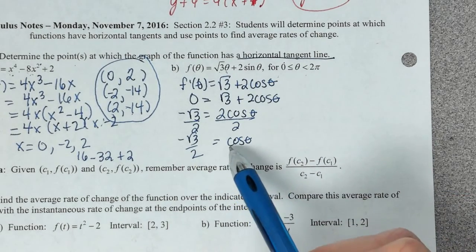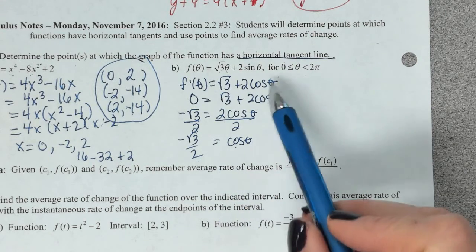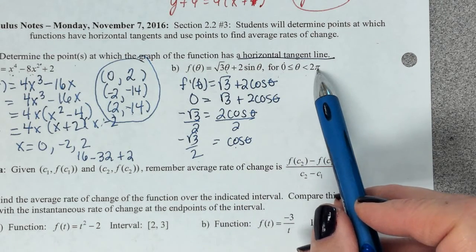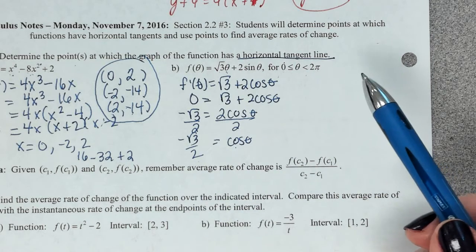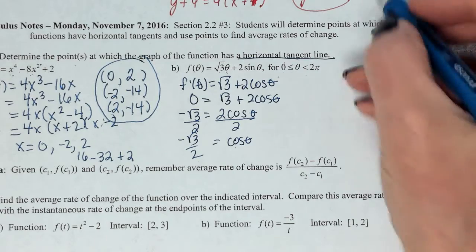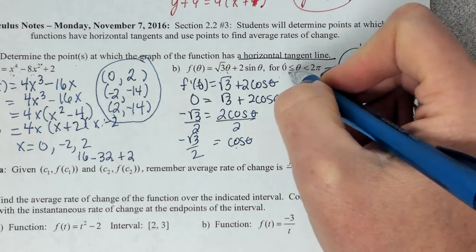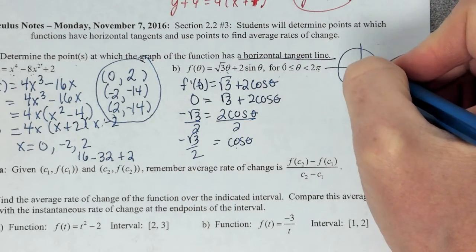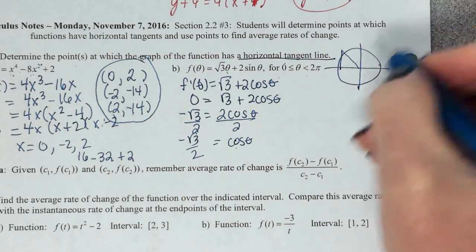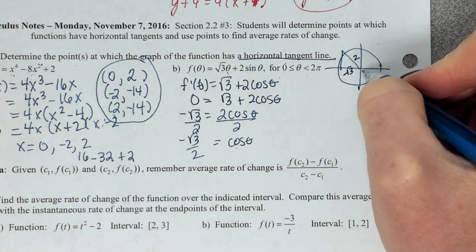Okay, so we have to know where is cosine equal to negative radical 3 over 2, in between 0 and 2 pi? Maybe some of you know this. If you have the unit circle memorized, you probably already know this. But if you don't have it memorized, you draw a picture. We're going to think radical 3 over 2, we want it to be negative. So we have negative radical 3 over 2 in the second quadrant.